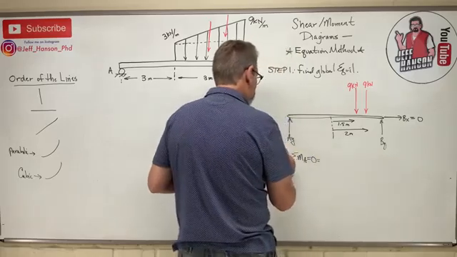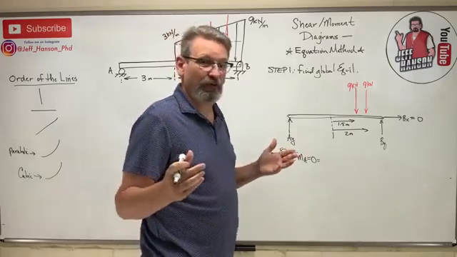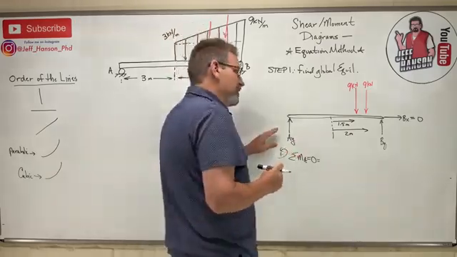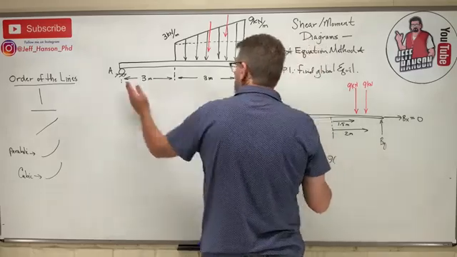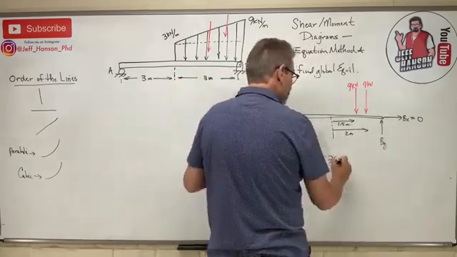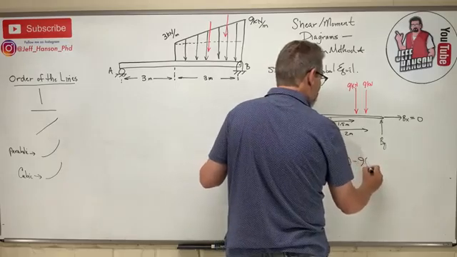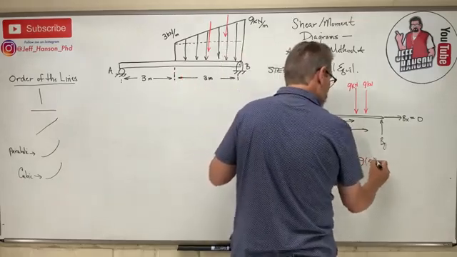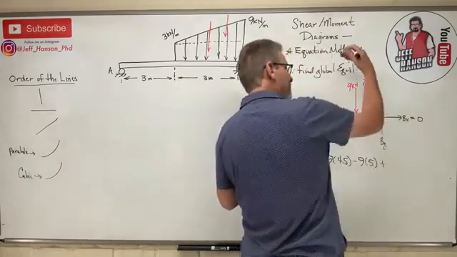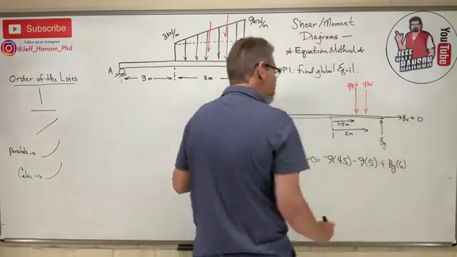This being positive. I'm going fast because this should be an old statics review for us. So here we go: negative 9 times 3 plus 1.5 is 4.5, minus 9 times 3 plus 2, which is 5, plus BY rotates me positive, so BY times 6.